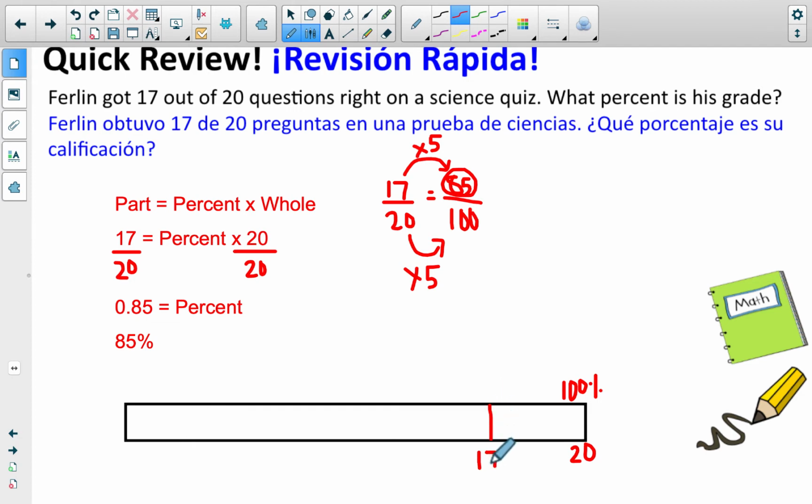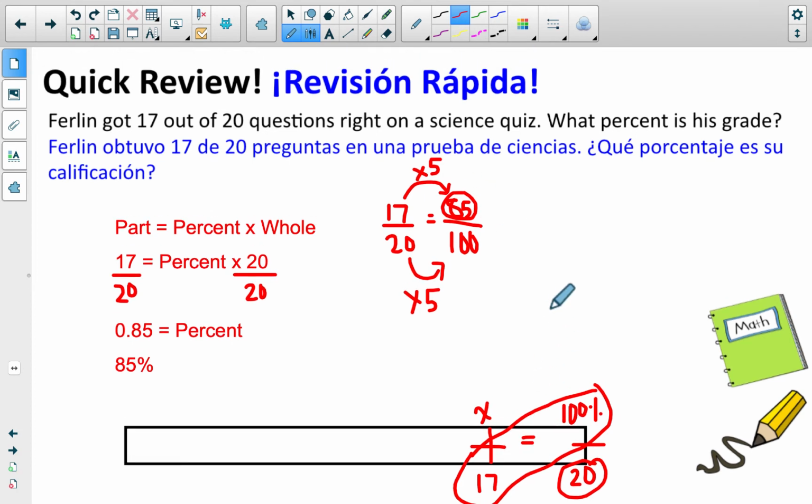So we got 17 correctly. What percent is that? So this sets up our proportion for us. So we can cross multiply, and then we would end up dividing by this 20, which would get us 85. So I've showed you very quickly 3 different ways. At this point, you should be very comfortable with percents, and hopefully you blew through this problem fairly quickly with one of these strategies, or there's more strategies too.